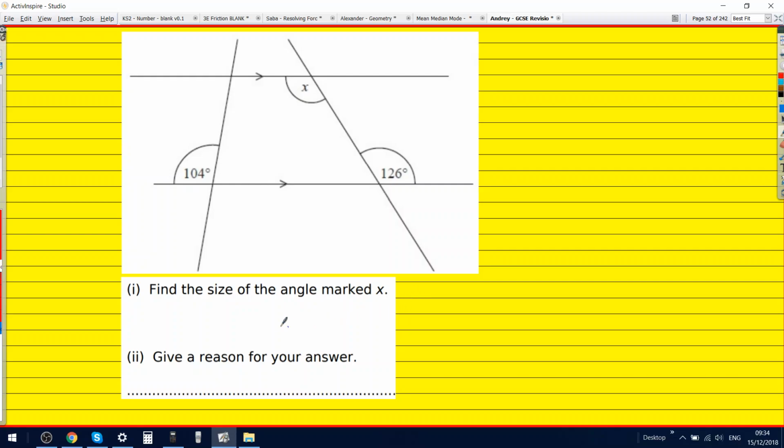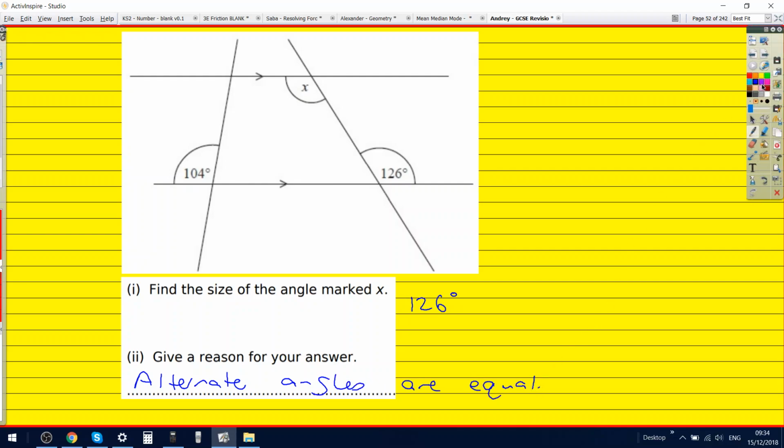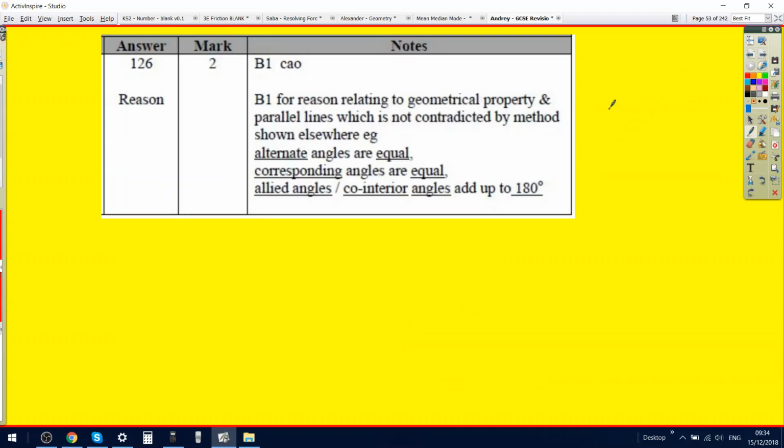Yeah, give a reason for your answer. Wasn't it something like alternate angles are the same or something? Yeah, alternate angles are equal. That's it. Alternate angles are equal.